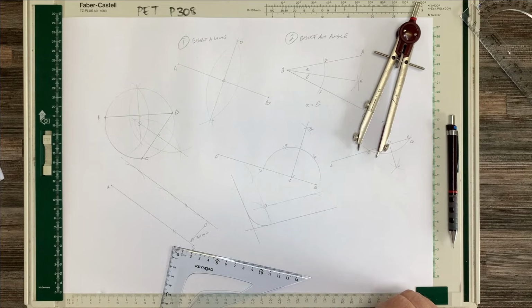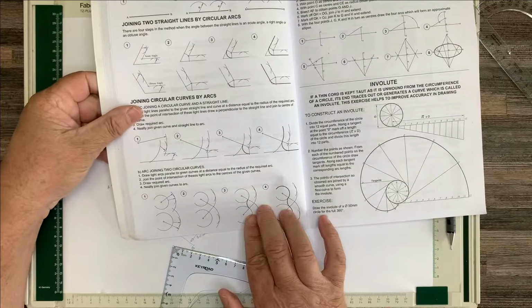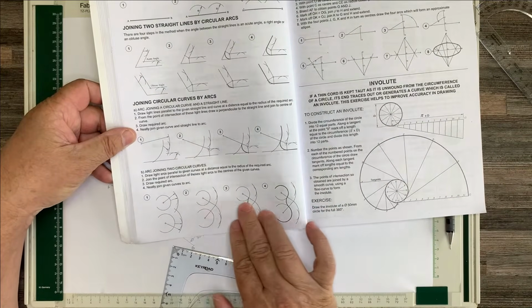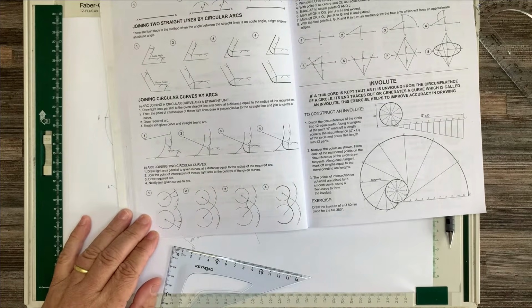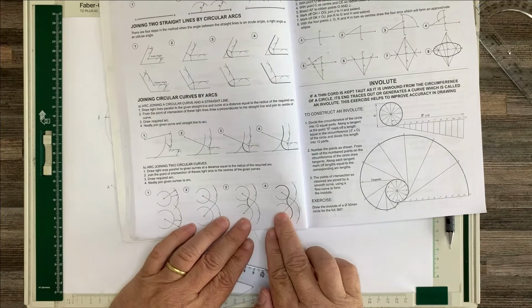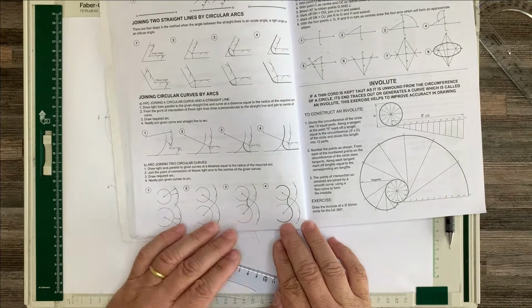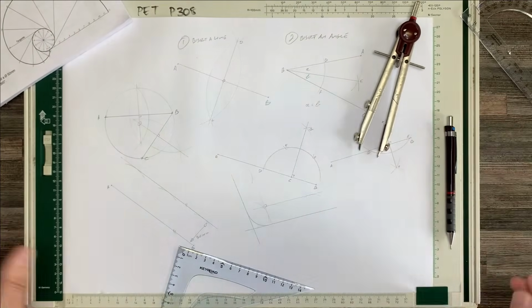All right. The next one I want to show you is pretty similar to that. So let's have a look at this bottom exercise here, which is pretty important, as we're very often joining two circles with an arc of a different radius. So how do we construct that?